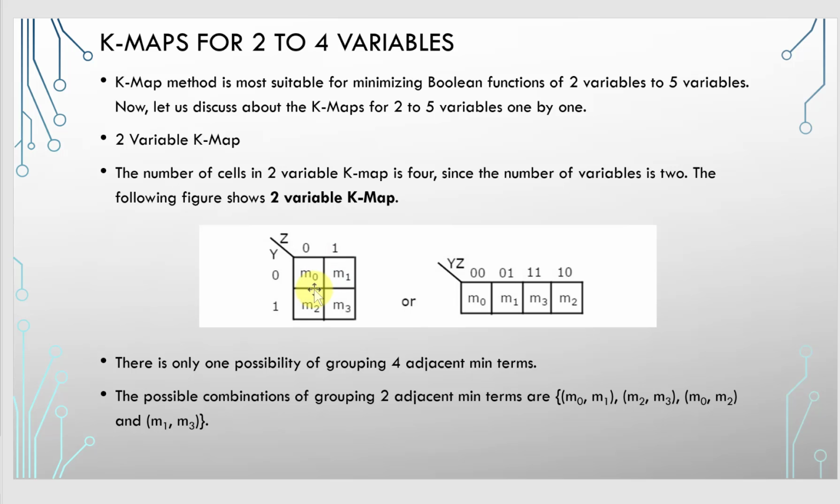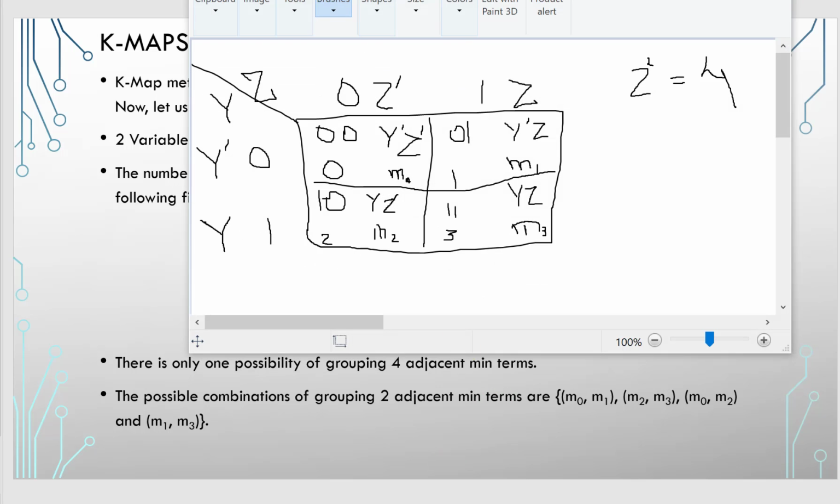Now we have the possibility of grouping these variables also, which is there is only one possibility of grouping four adjacent minterms, right? And we can do it here as well: m0 and m1, we can group the variables like m0 and m1. Similarly, m2 and m3, right?